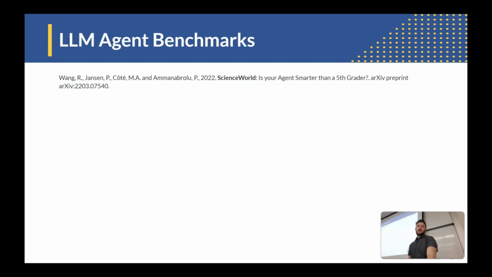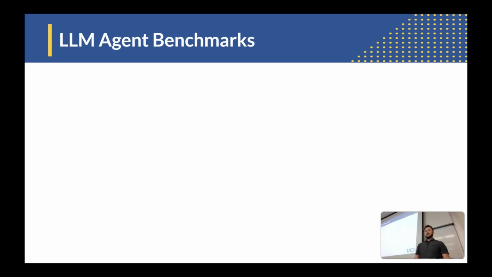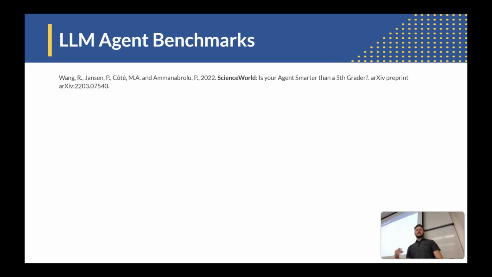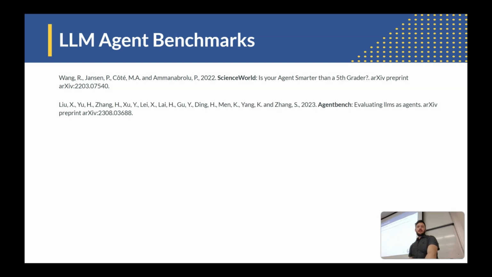So one indicator that this is something of growing interest is just the number of benchmarks that have come out that try to measure this. There are text games like ScienceWorld, where you're in a completely textual environment, prompting the language model to complete science experiments, and the language model has to interact with the environment using text alone and has to get better as it goes.